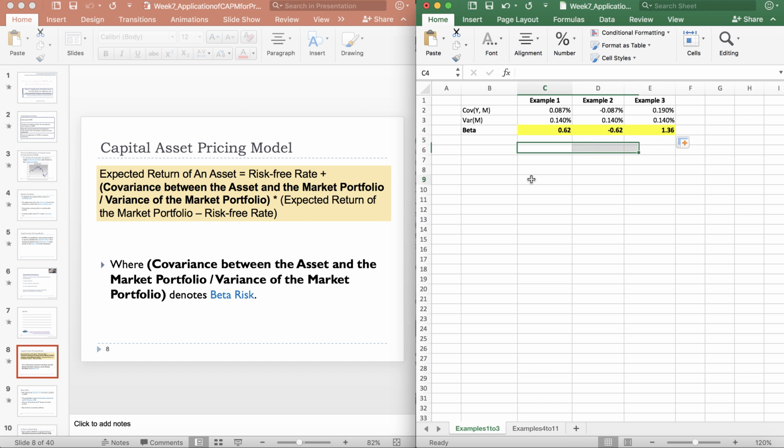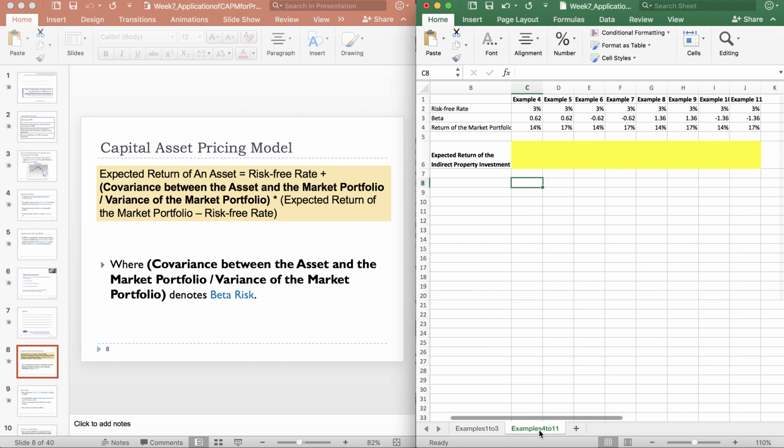Then we move on to look into the calculations using the capital asset pricing model from examples 4 to 11. Based on the formula here, the expected return of the indirect property investment equals the risk-free rate plus beta risk, right?